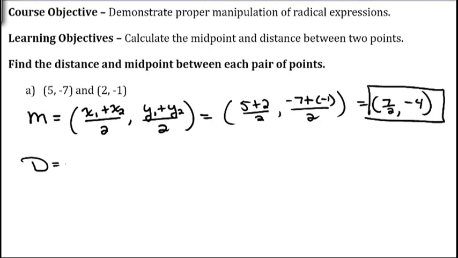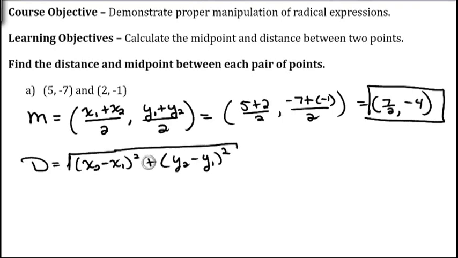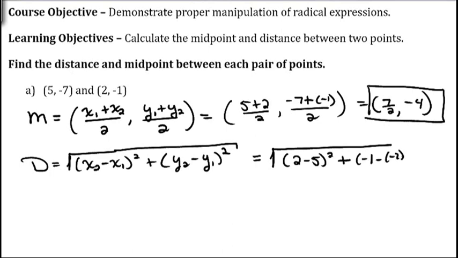And then our distance, so that's the square root of x2 minus x1 squared plus y2 minus y1 squared. And because this is addition, you could have these the other way around too. That won't matter either. So we'll have the square root, and so we want 2 minus 5 squared plus negative 1 minus a negative 7, and square that.